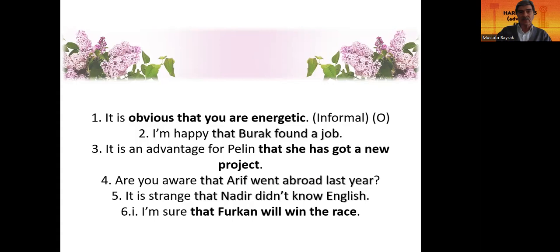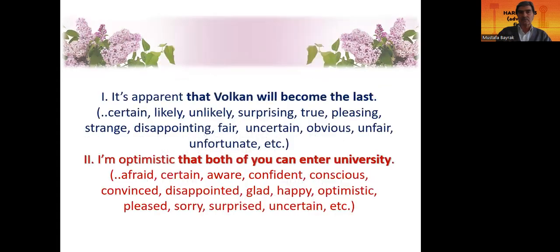But what about this? Okay, I am sure that, it is also with an adjective, sure, so we cannot omit "that" in these six sentences. I am sure that Furkan will win the race. It's apparent that, it is obvious that, it is clear that.